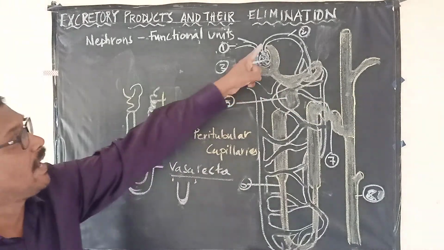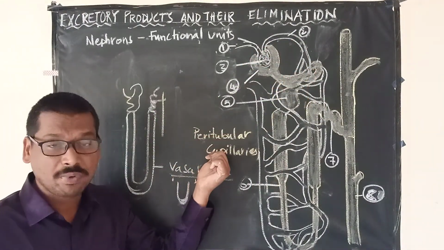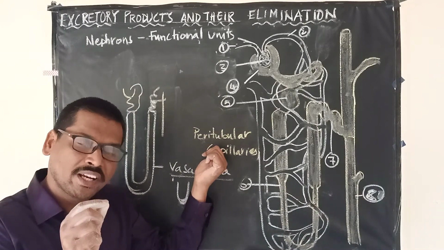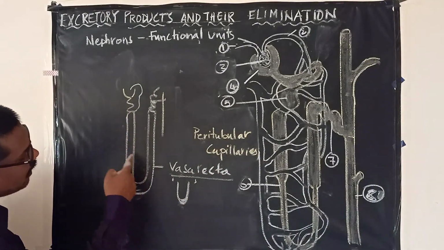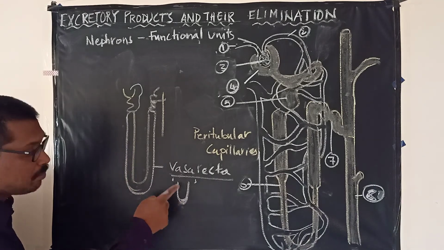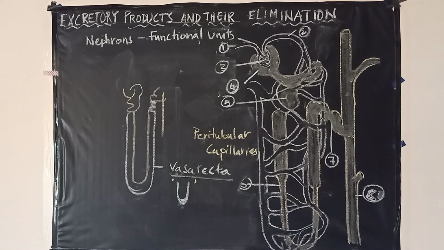The efferent artery forms the fine network of blood vessels called peritubular capillaries. From the peritubular capillaries, a blood vessel runs parallel to the Henle's loop, appearing U-shaped, and that is called Vasa Recta. These are the parts we have to remember when talking about the structure of the nephron.